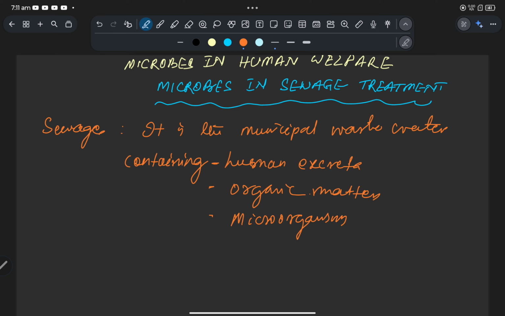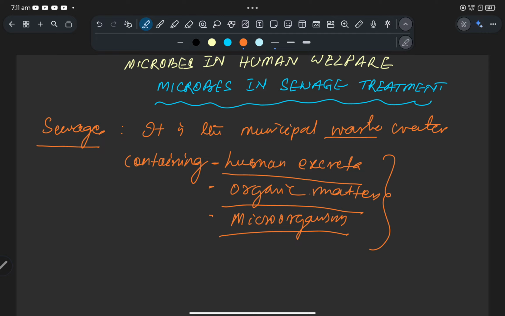Okay, so this is the definition of sewage. Sewage is the wastewater, and that contains the human excreta, organic matters, and microorganisms. Besides that, some other substances are also there, but these are the major composition of the sewage.